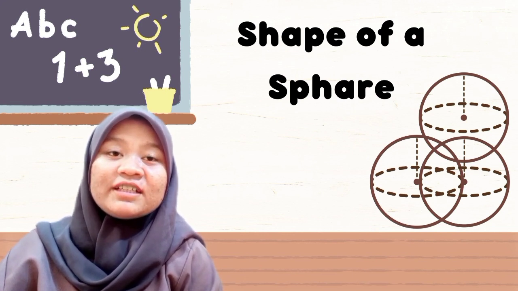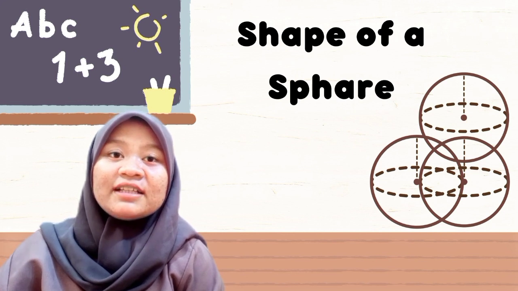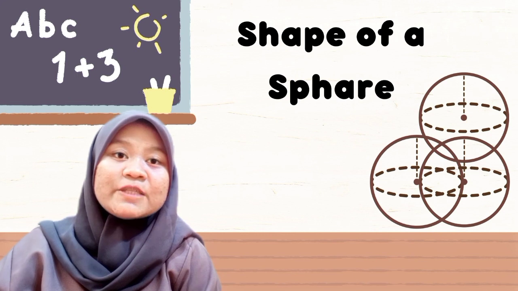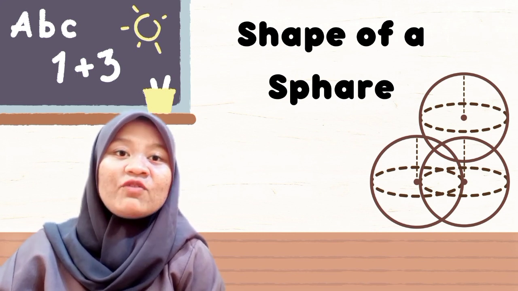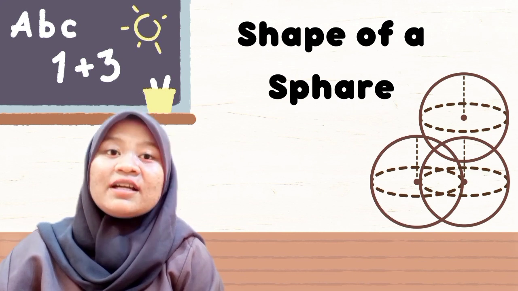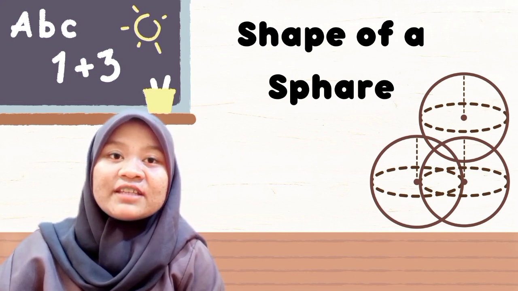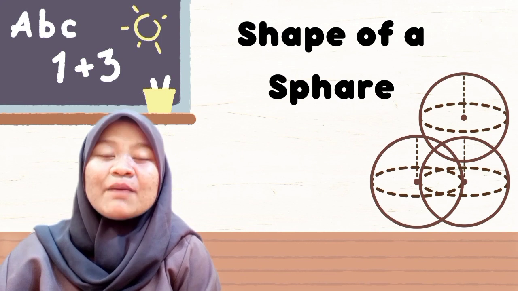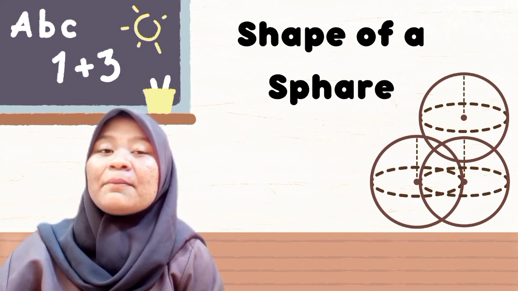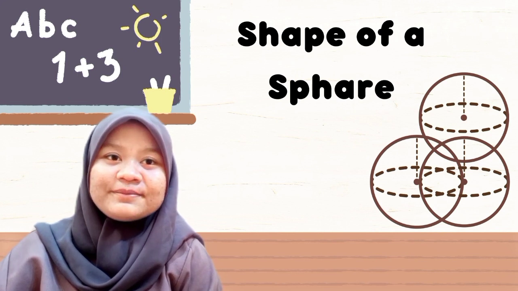Like other solids such as cube, cuboid, cone, and cylinder, a sphere does not have any flat surface or a vertex or an edge. Real-life examples of the sphere are basketballs, world globes, marbles, planets, and the moon.